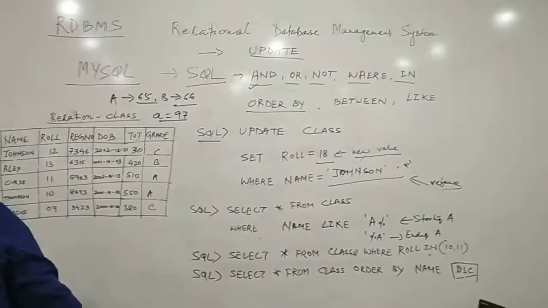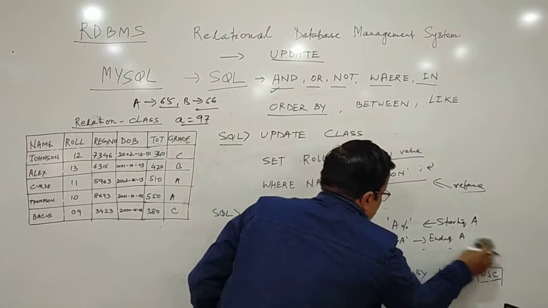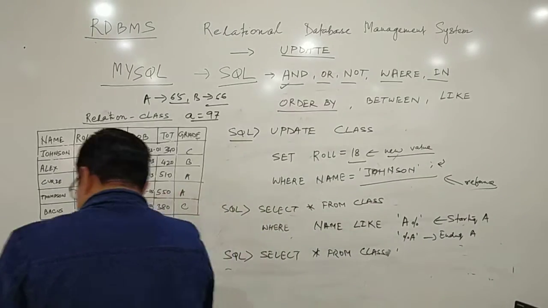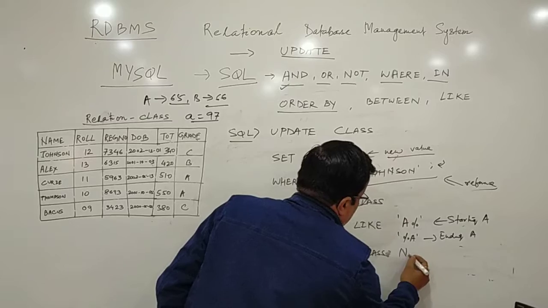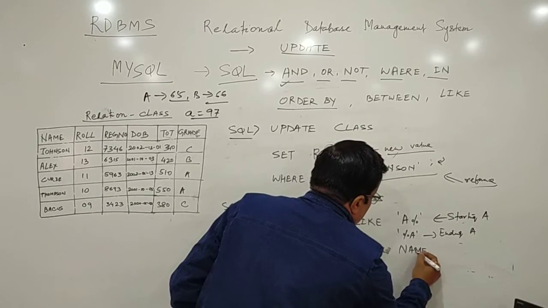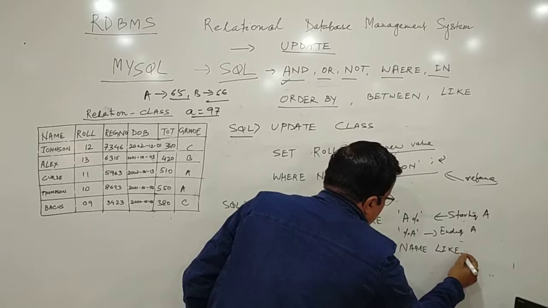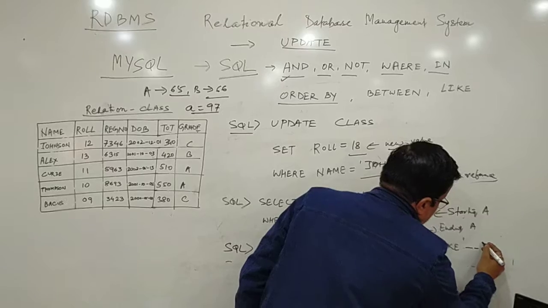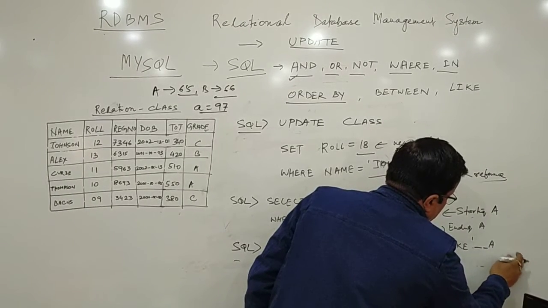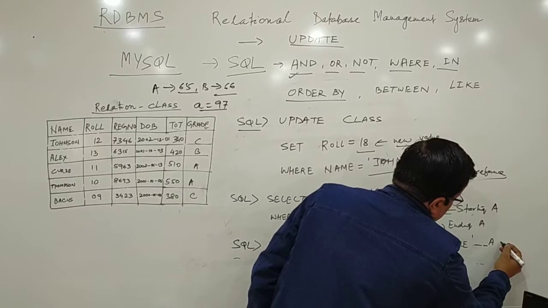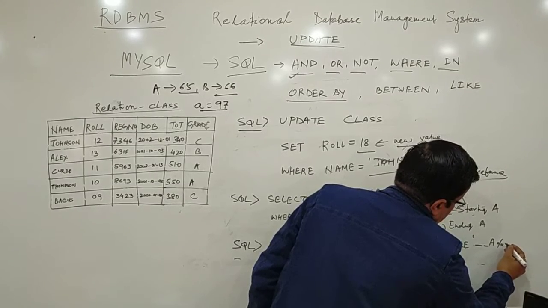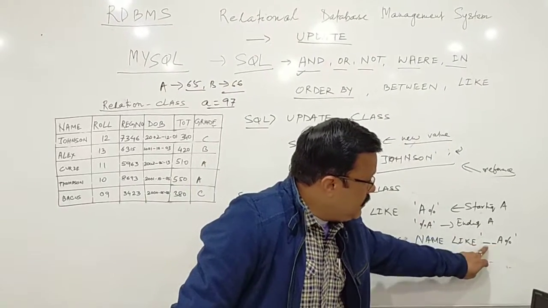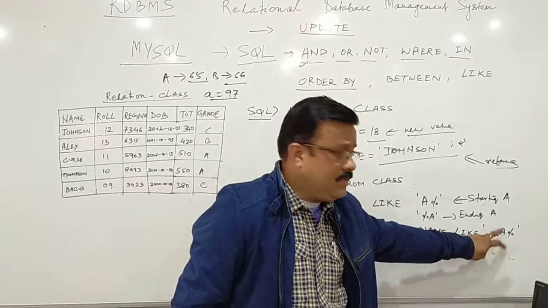You can write select asterisk from class where name like, in single quotes two underscores, then A, then %. So the third will be A definitely, the first two can be anything.